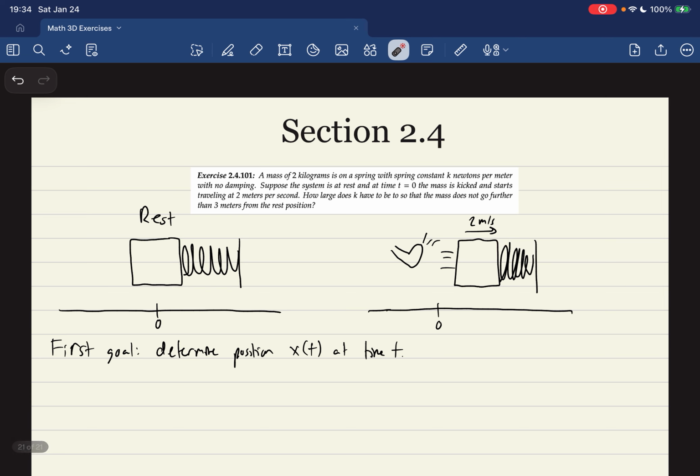So over here are going to be my positive numbers. To indicate that, I'm going to draw a plus right here. And so then at time t, this is supposed to be x of t. And now what we want to do is find an expression for x of t.